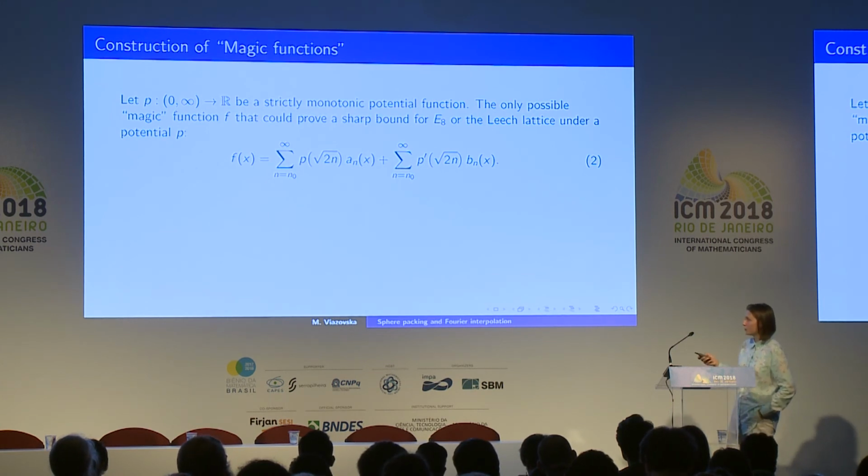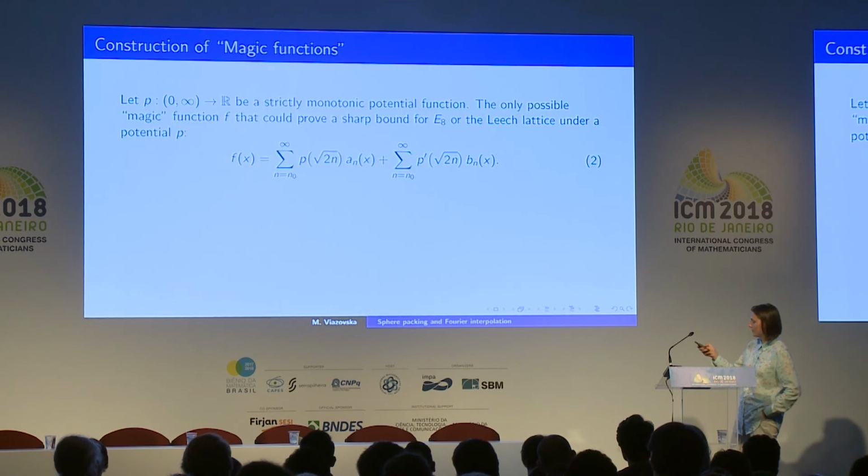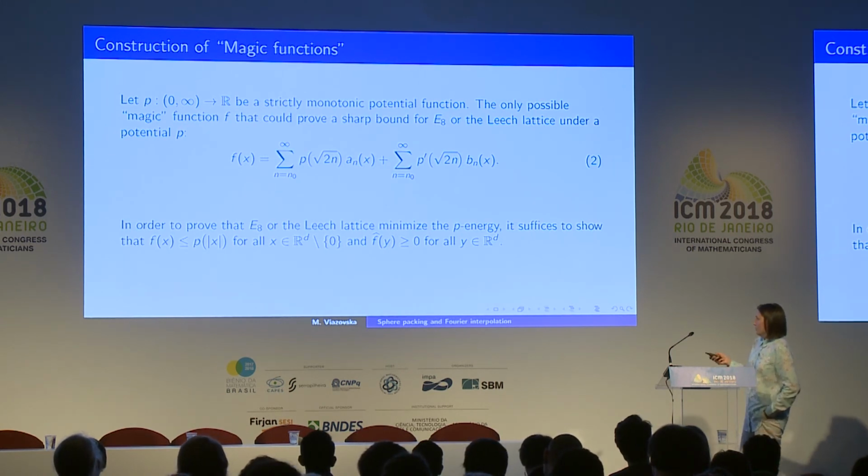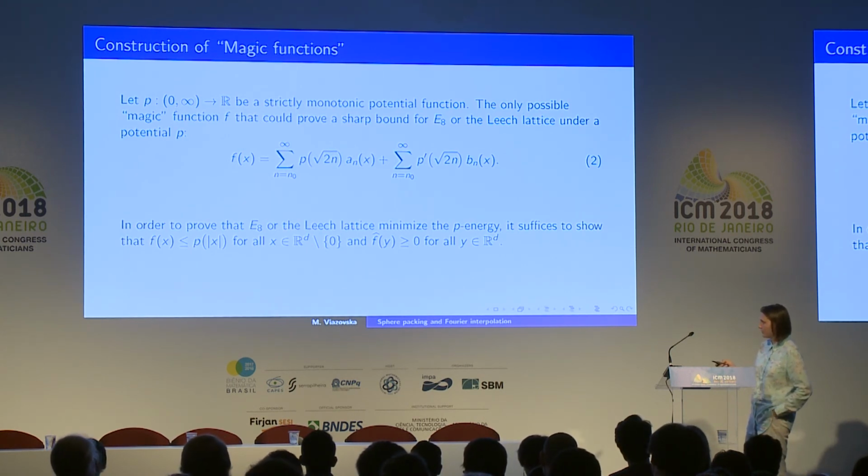Now it will depend, of course, on our function p, whether the function f will also satisfy the necessary inequalities. If we want to check that E8 minimizes such a p energy, it will be sufficient to show that f satisfies the following two inequalities. First, that it does not exceed our function p.